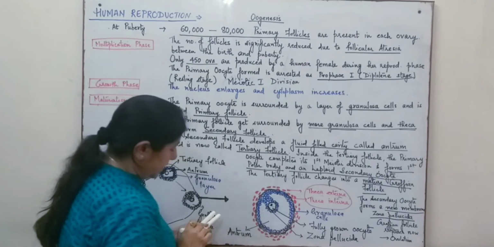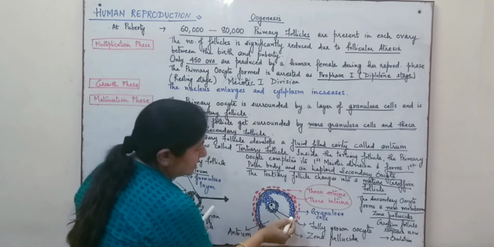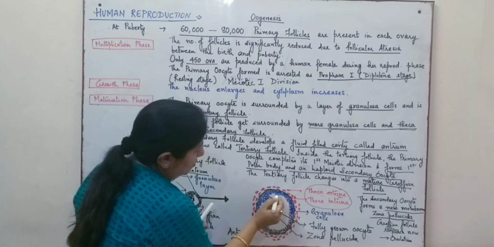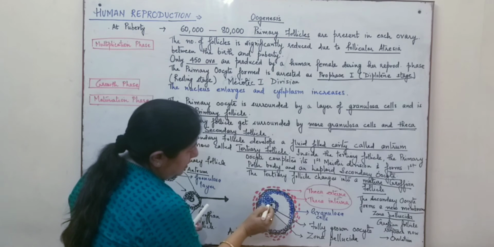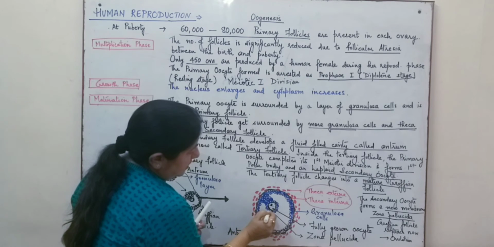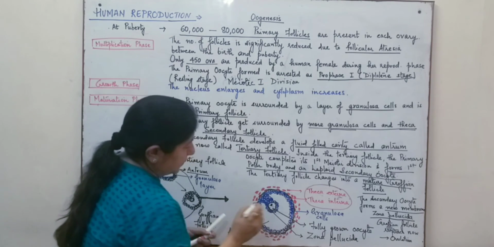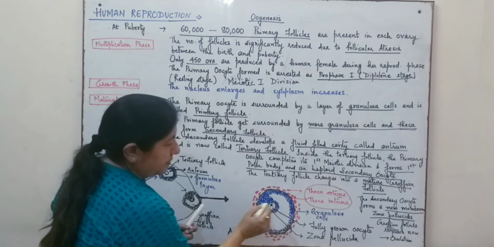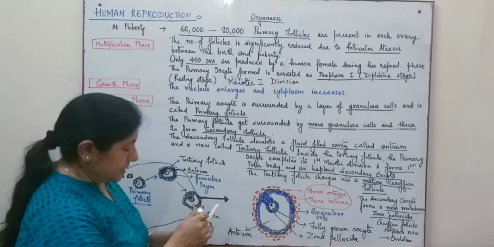This blue layer which you can see is the granulosa cells, which again produce several hormones, and it is surrounding the primary or the fully grown oocyte.